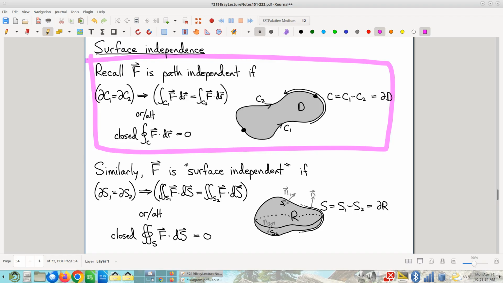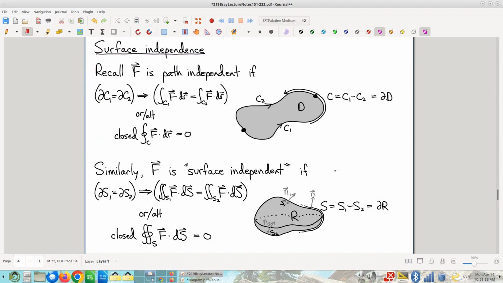So quick reminder, the big idea up here is if you agree on what the starting and ending points should be, and we got to keep that fixed. That's the deal. Fix a starting point, fix an ending point. Well, if you have on the one hand one curve along which you compute a line integral, of course with the correct starting point and of course with the correct ending point.